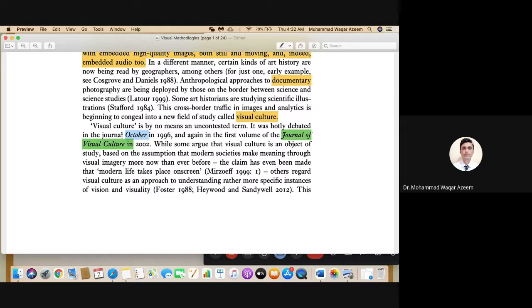And by the way, now many of the English departments around the world specifically offer positions or jobs with reference to visual culture. So they want those kind of teachers and instructors and professors who would be equally interested in visual culture. Okay, because the reader has changed, right?